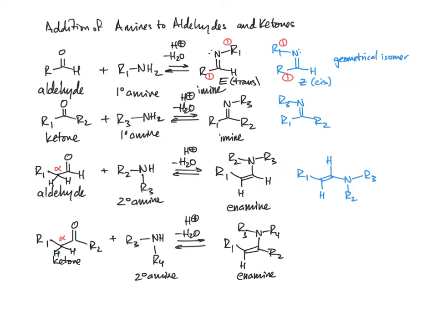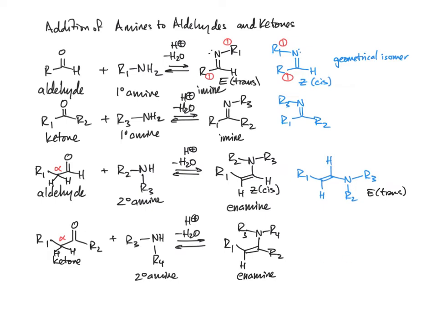For this one here, we have carbon, H. This is going to get number one priority. We have nitrogen, H. This is going to get number one priority. So the number one priority groups are on the same face here, so we're going to call this one Z, or cis. And this one's going to be the E or trans. Again, number one priority, they're on opposite faces of the pi bond, so E or trans.